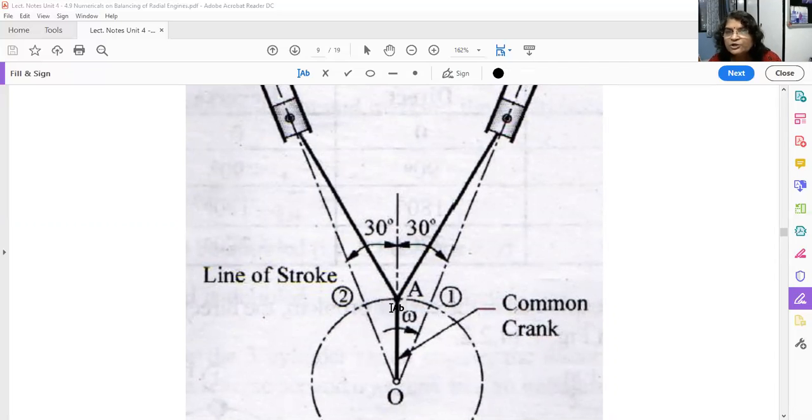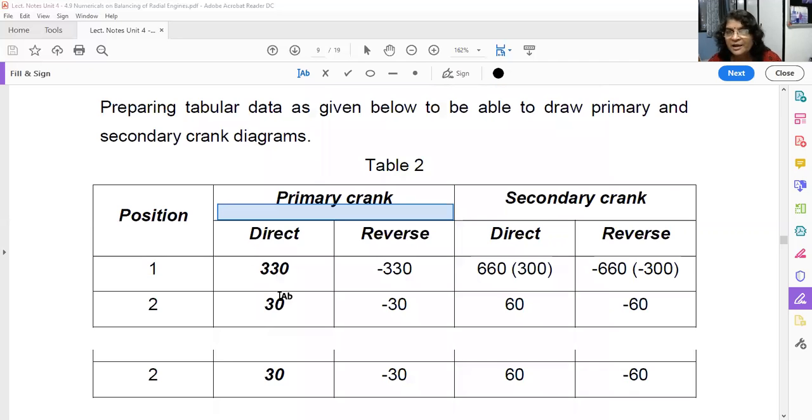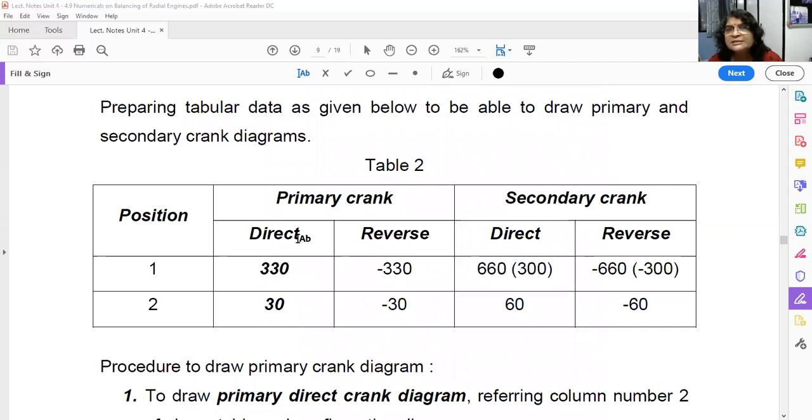It should be rotated by 30 degrees. That's why here we have written 30 degrees. Understood? So once we get the direct primary crank angles 330 degrees and 30 degrees, how do we write the reverse primary crank angle? Just give the negative sign, because it's a reverse angle. So we write here minus 330 and here minus 30.